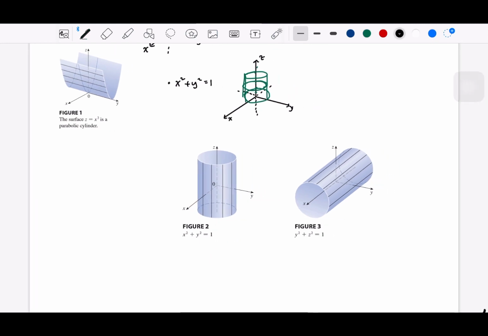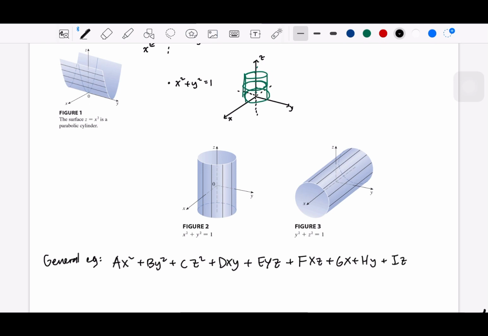And perhaps I will write the general equation for these quadric surfaces. So this will be ax squared plus by squared plus cz squared plus dxy plus eyz plus fxz plus gx plus hy plus iz plus j.